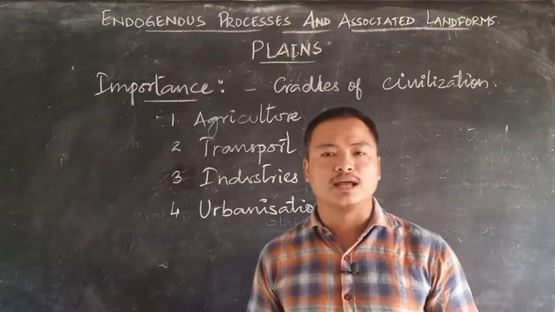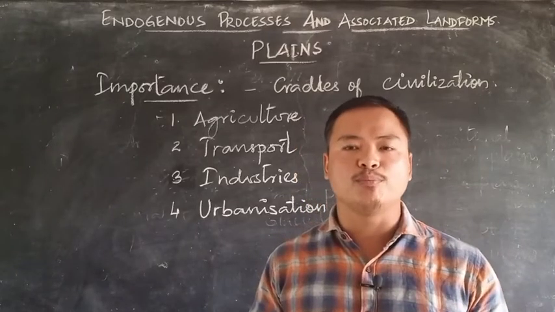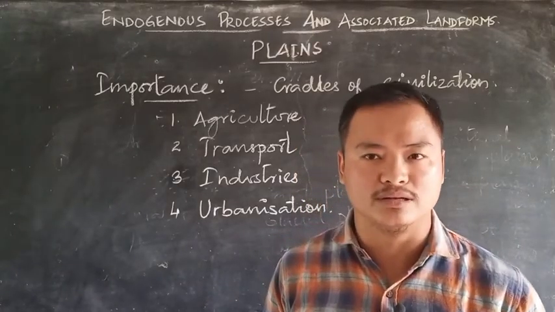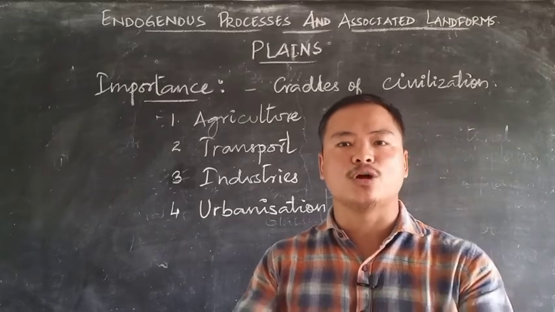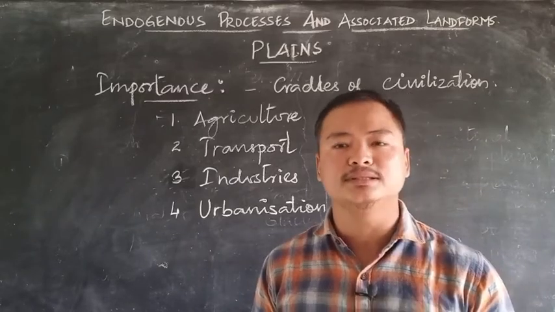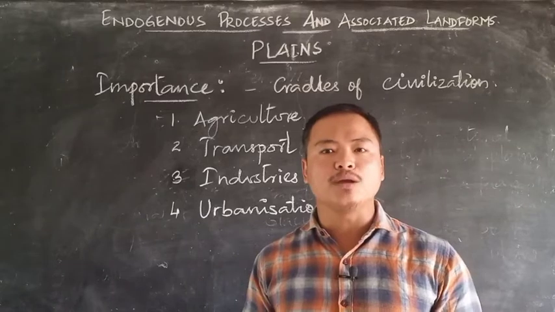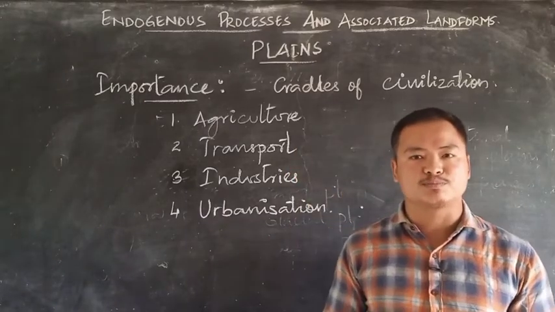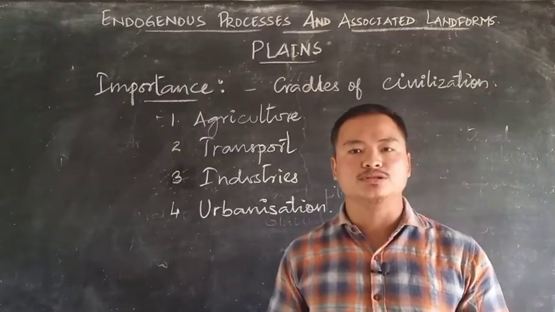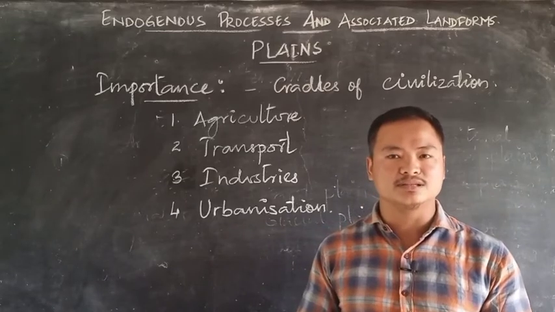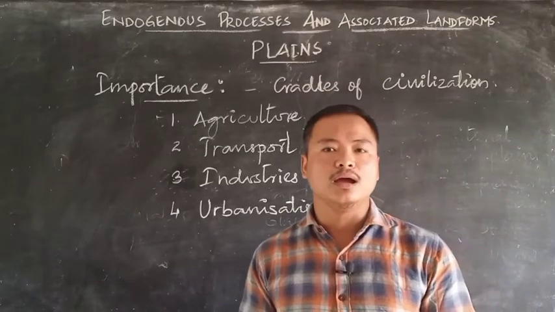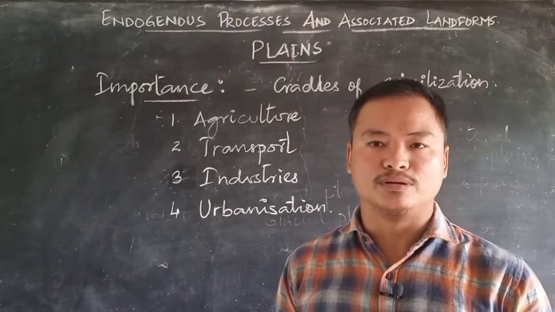When we say urbanization, we mean a large population concentrated in one particular region, and industries offer a lot of opportunities for employment, and these employment opportunities attract population to reside within the plain regions, hence leading to urban centers or urban growth.